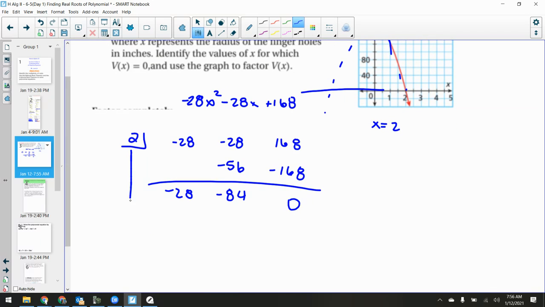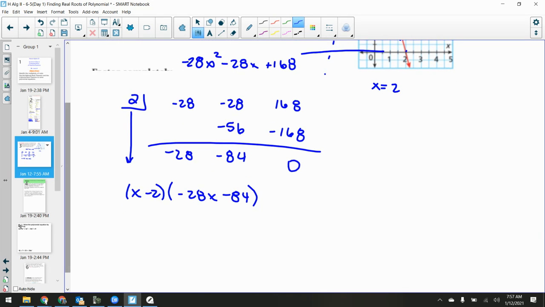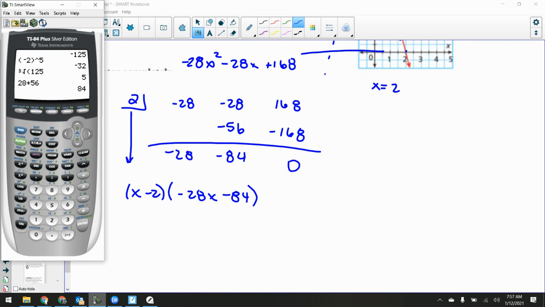Remember that this x equals 2 corresponds to a factor of x minus 2. And then this leftover piece, negative 28x minus 84, can factor down, right? Because it's got a GCF. I can factor out a negative. But what's my biggest factor that I can take out of 28 and 84?